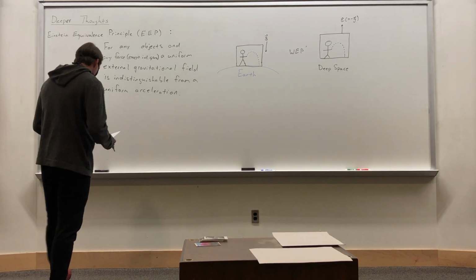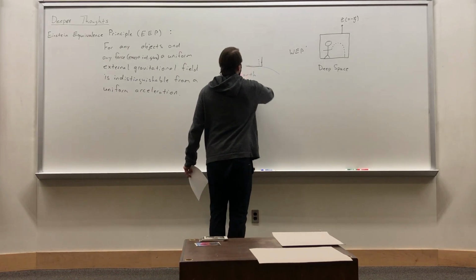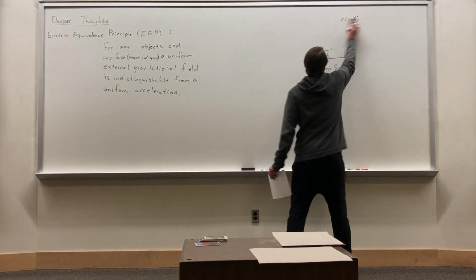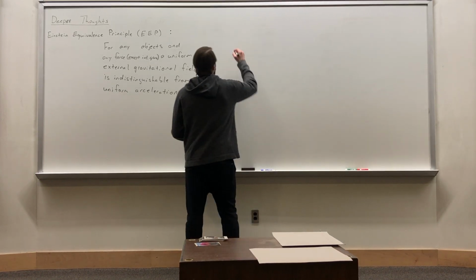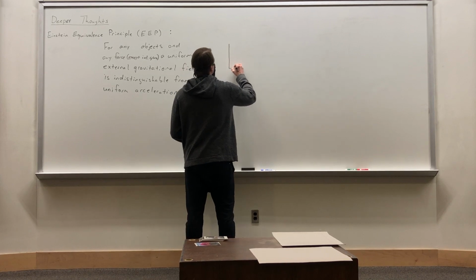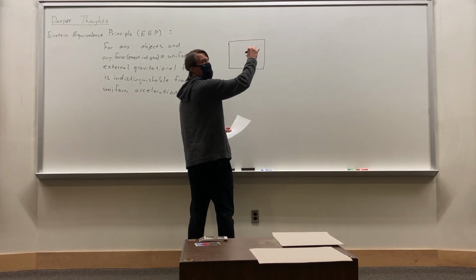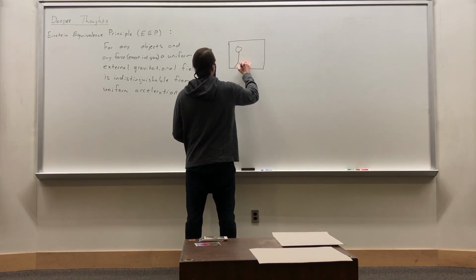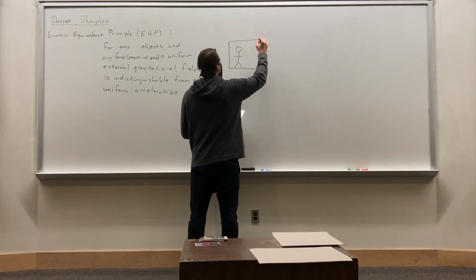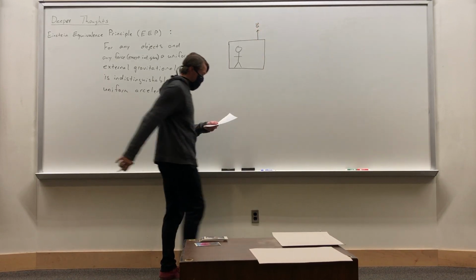Okay? So let's see. What I'm going to do in this case is I'm going to work it backwards. So I'm going to go into deep space first, and I'm going to accelerate my laboratory upwards.